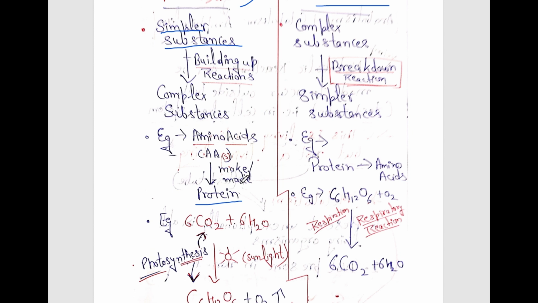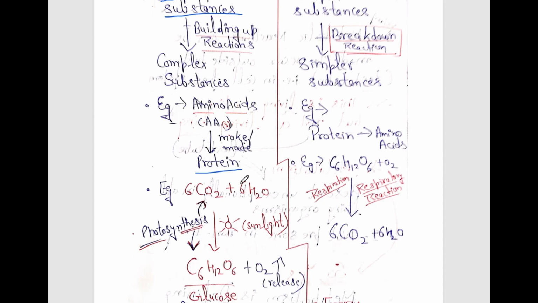You can also take another example: synthesis of organic compounds from CO2 and water H2O during photosynthesis, formation of starch from glucose, production of proteins from amino acids, formation of lipids from fatty acids and alcohols.